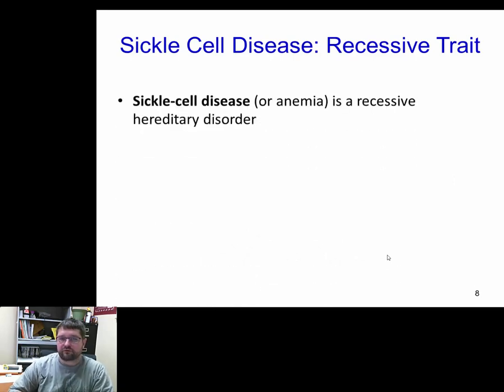For example, sickle cell. We know that sickle cell is a recessive disorder. We often call it sickle cell anemia, or sickle cell disease, and the result is your hemoglobin molecules are a little misshapen. So the genetic code for a hemoglobin molecule is a little bit different than a normal hemoglobin molecule.